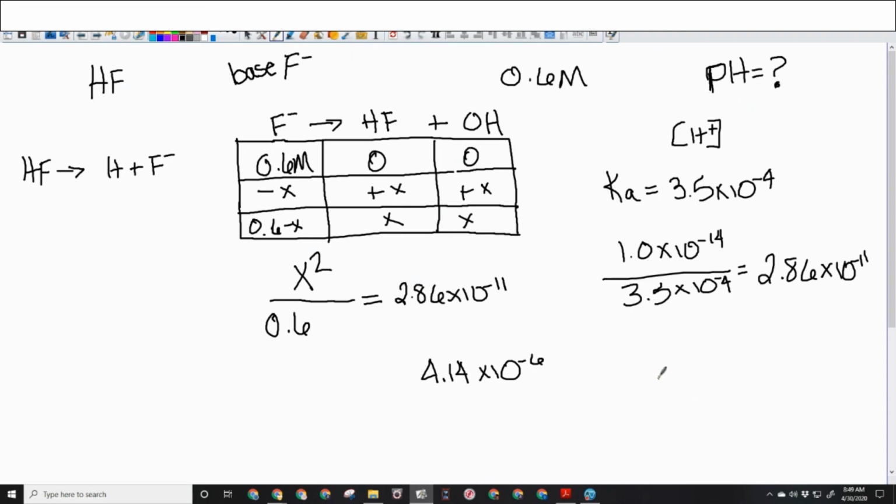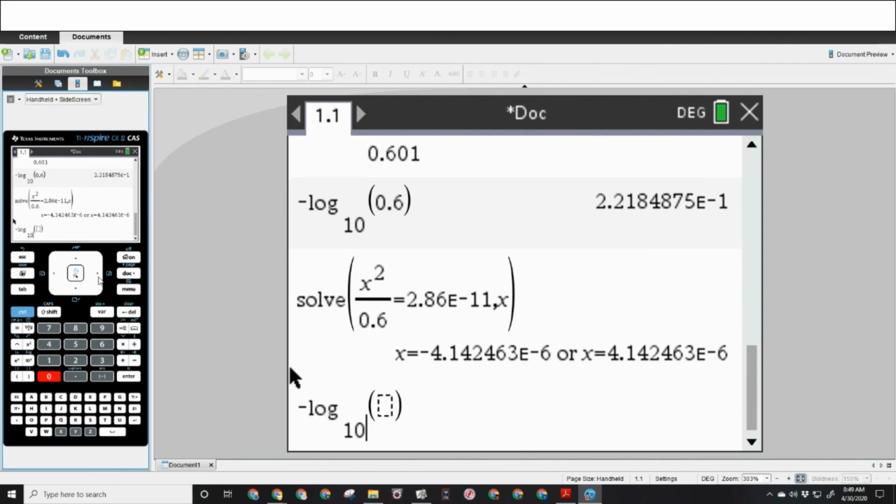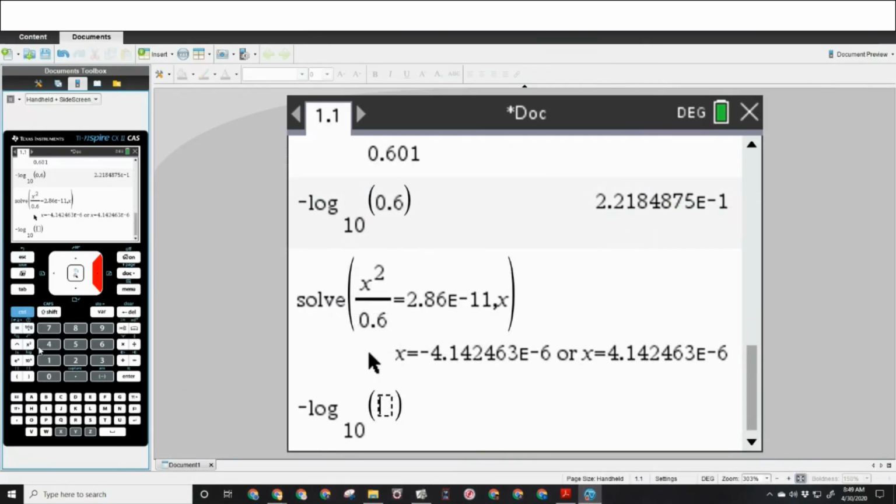Now we're looking for pH, right? So with the concentration of OH, we can get pOH. So take the negative log of this. And what was that again? 4.14, oh, it's right here, times 10 to the negative 6.